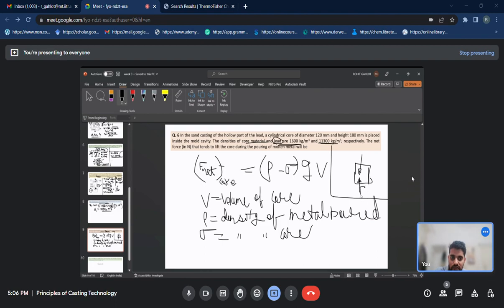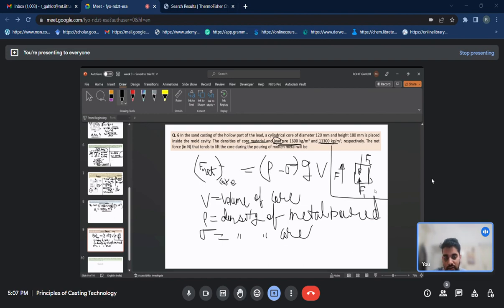On the core material there will be two forces acting. One will be due to the liquid metal poured. So if you say F1 here and F2 here, these two forces, we need to calculate the F net force. We can directly calculate the difference between these two forces.